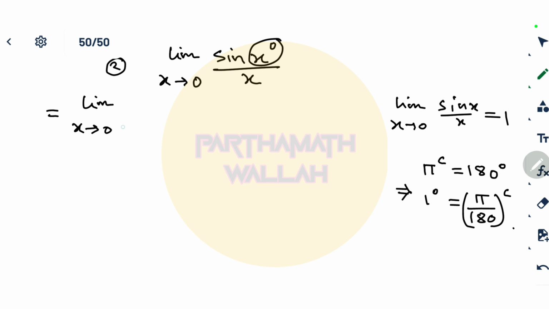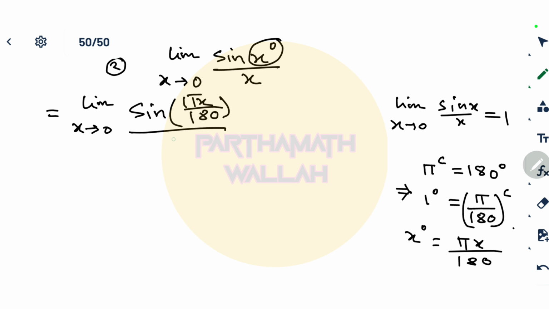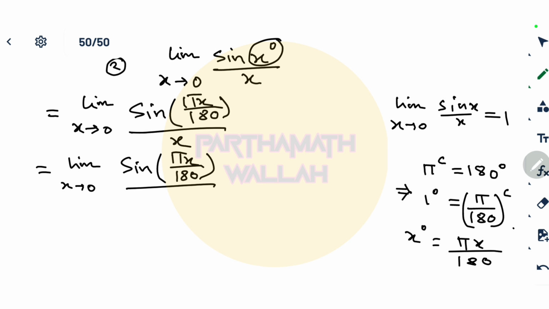That is limit x tends to 0, sine of, here 1 degree equals pi by 180, so x degree will be equal to pi x by 180. So it is sine of pi x by 180, the whole divided by x. Now we know that the angle inside sine should be the same as in the denominator to apply the formula.